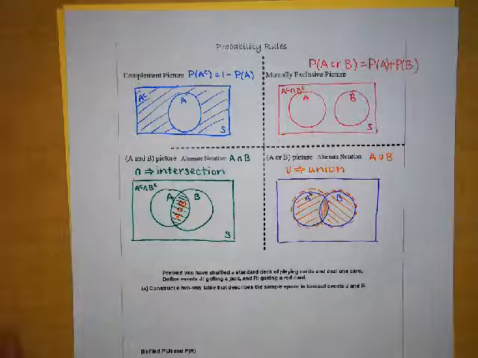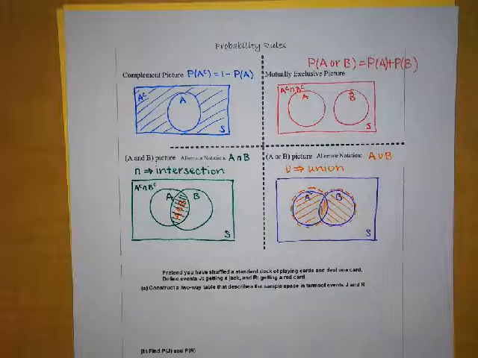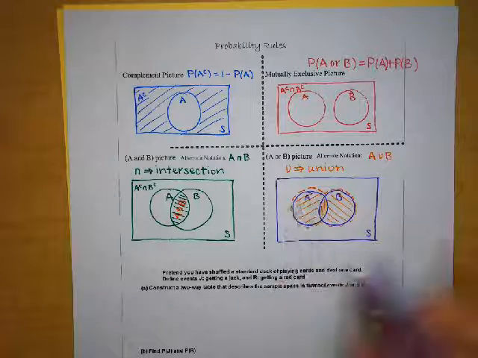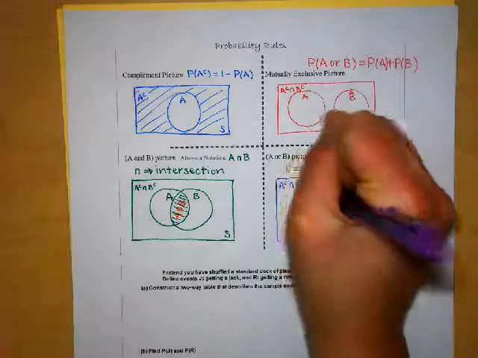And I almost forgot to put my S for sample space. And then same thing, outside the two circles is what is known as A complement and B complement.